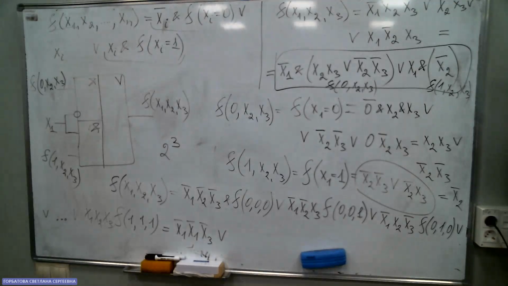For 2 variables, it would be 2 to the power of 2, which is 4: 0, 0; 0, 1; 1, 0; 1, 1. Like 2 to the power of 3 is 8, from 0 to 7.